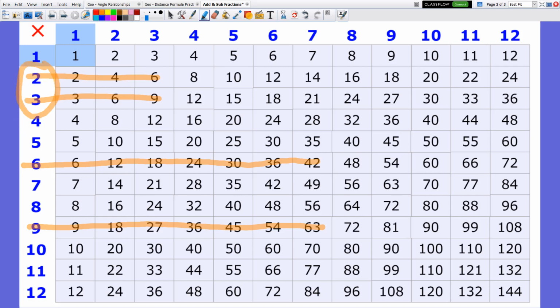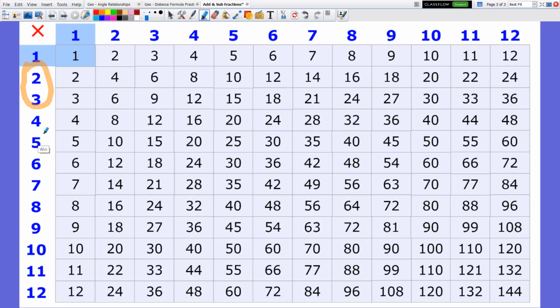This is just an easy way to find equivalent fractions. For example, if you had 2/3 and you wanted to add it to 5/6, well, then you know that 2/3 and 5/6 do not have common denominators.